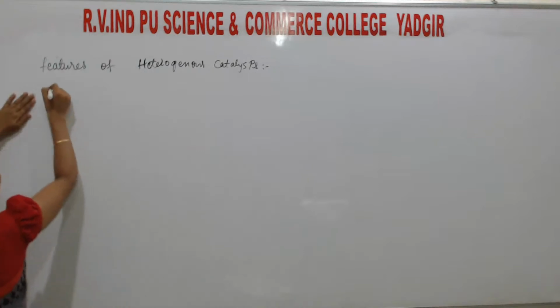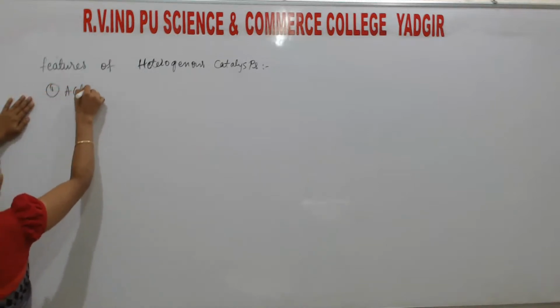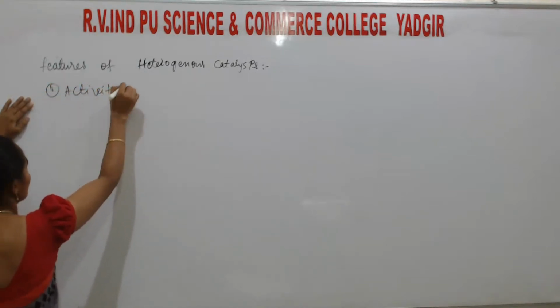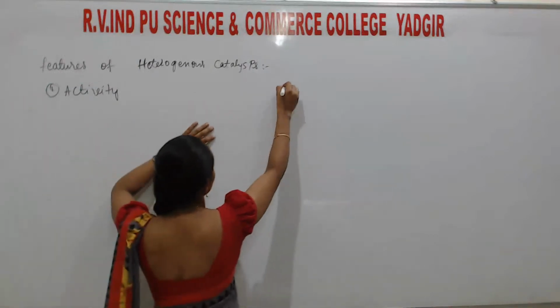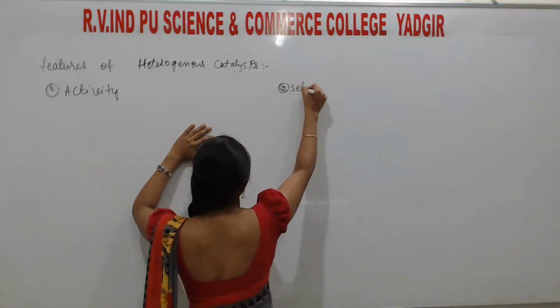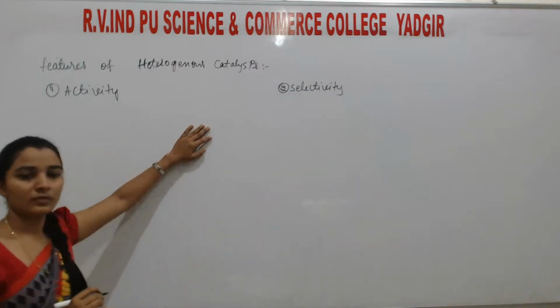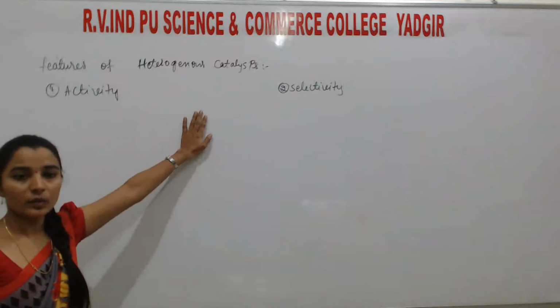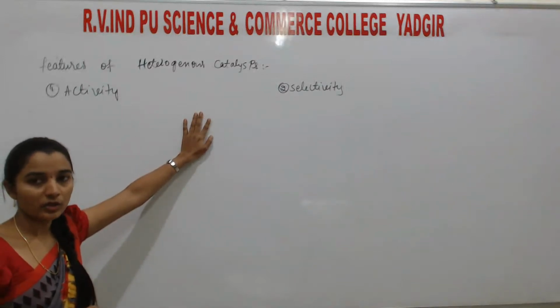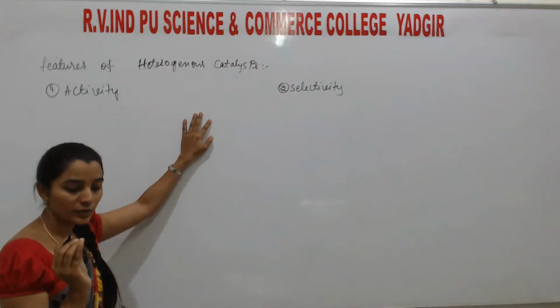Okay, so one is activity, another one is selectivity. One is activity, another one is selectivity. Okay, so students, what does activity mean?